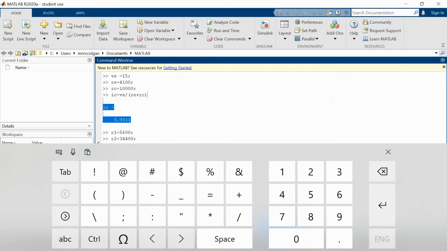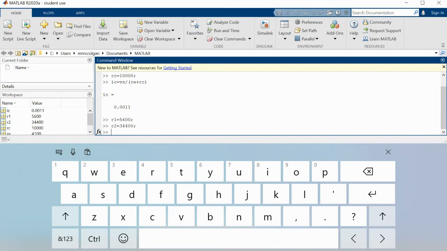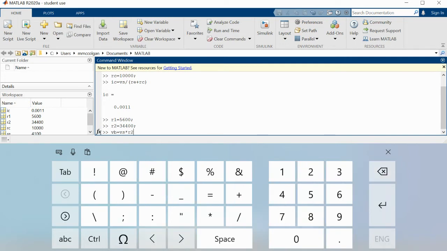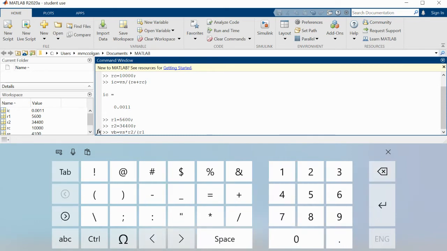Now if I want to calculate my VB, I can say that's equal to Vs times R2 divided by R1 plus R2. This is a little easier when I'm typing versus when I'm using the tablet, but I get 12.9 volts.